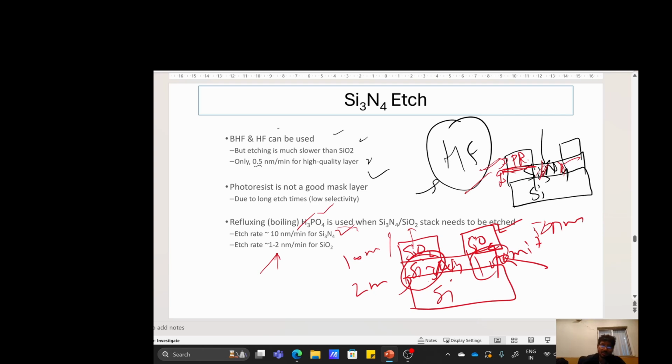For 100 nanometer of silicon nitride, you need around 20 nanometer of SiO2, which you can deposit with PECVD within several minutes. For the safer side, you can do 30 to 40 nanometer of SiO2, and that will be good. Then just put in the HF, because in HF the SiO2 etch rate is much faster, so you can just remove the SiO2.